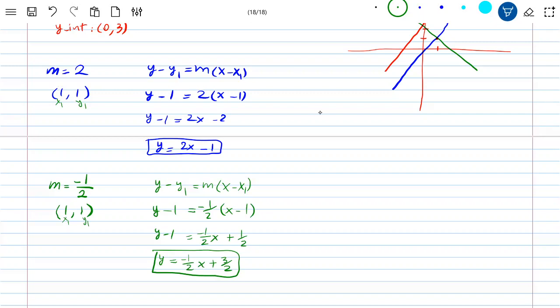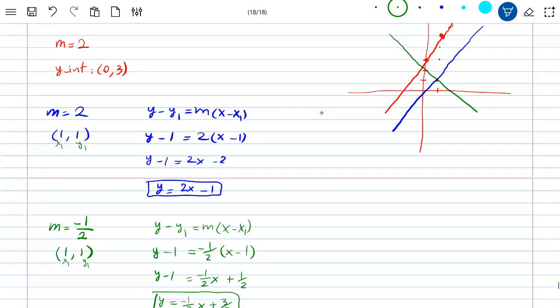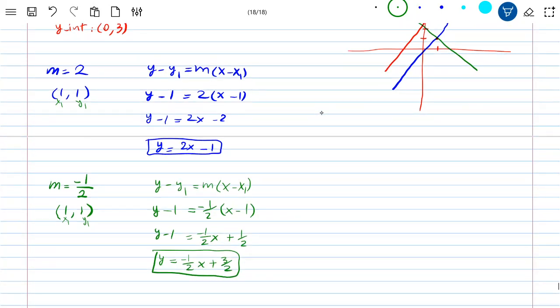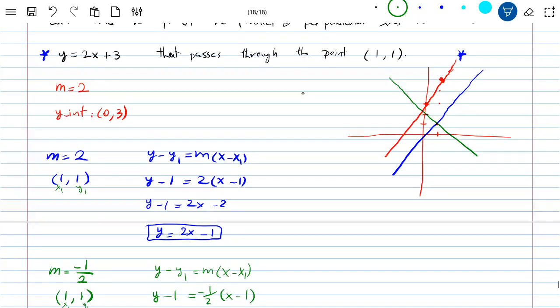This is the equation of the perpendicular line to the red line. You can always check, if you have two lines, to see if they're perpendicular or not. Their slopes must be opposite and reciprocal of each other. This one has slope -1/2. The blue line has slope 2. These two must be perpendicular to each other because they have the perpendicular slope form.